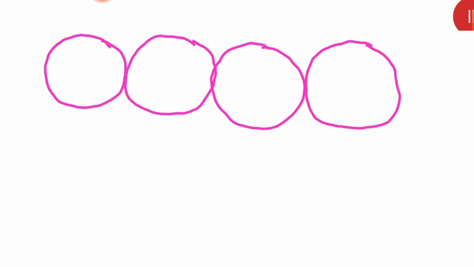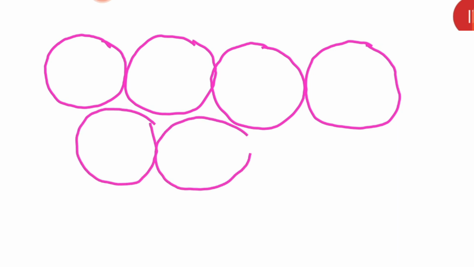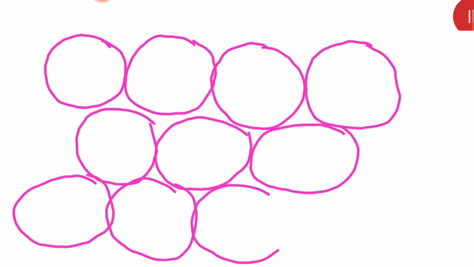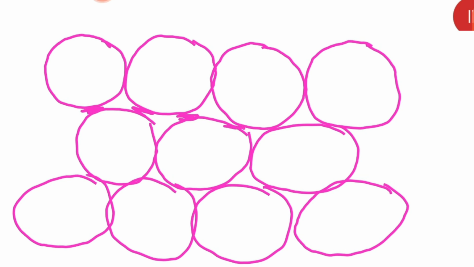Okay, then downside also I am making the next spheres in between, next sphere, then after that this sphere and this sphere. Just I am going to join these spheres. Okay, you can make this proper shape also on your own.